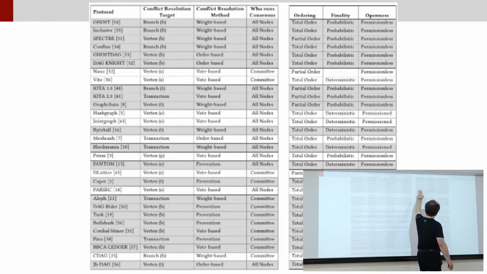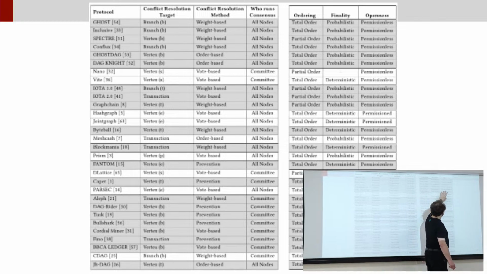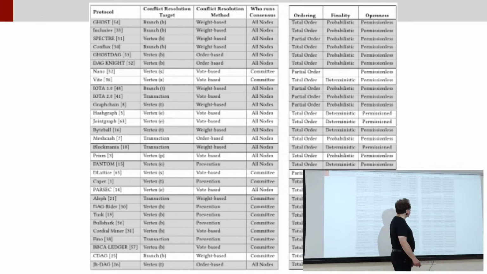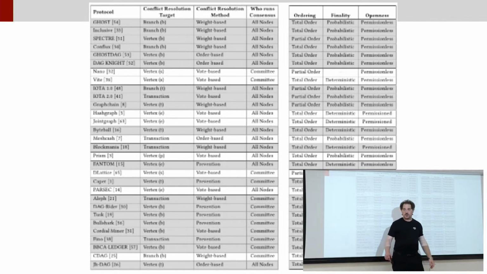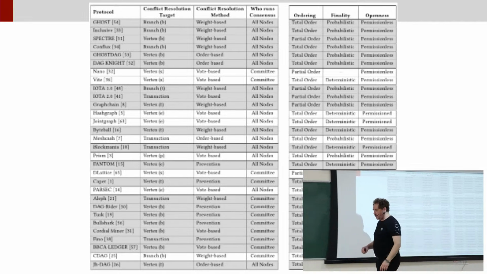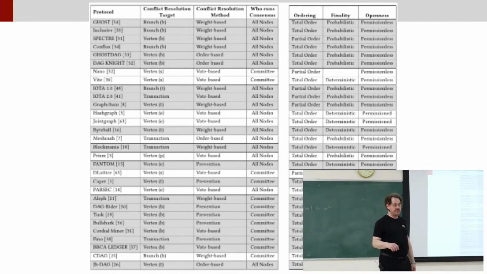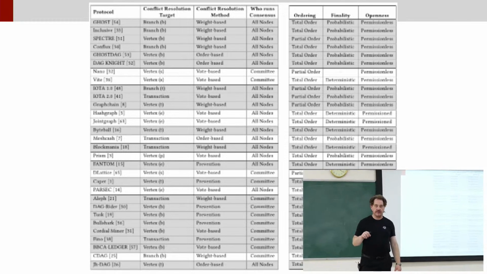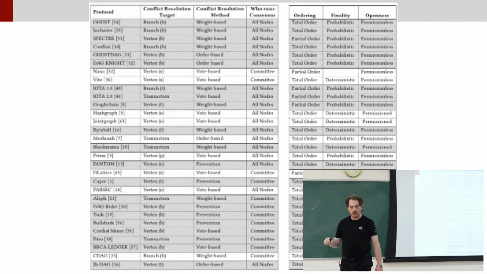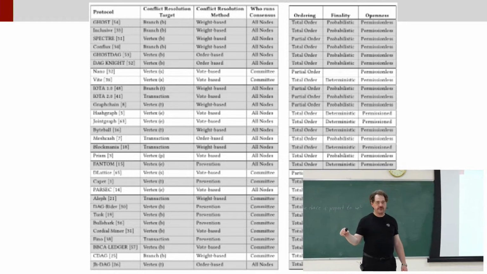Openness, ordering, and finality. Openness just means if the DAG-based system is permissionless or permissioned. Finality means whether finality is probabilistic, and probabilistic means like in Bitcoin, we never reach 100% guarantee, but the probability of reversal becomes smaller and smaller with time.